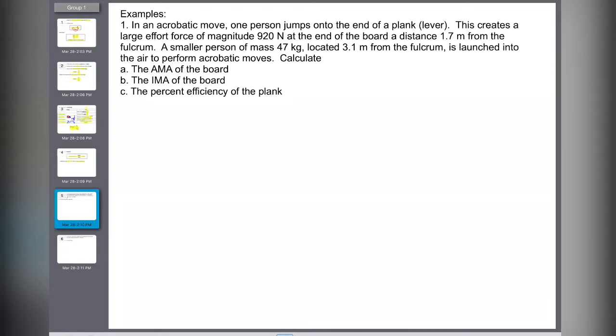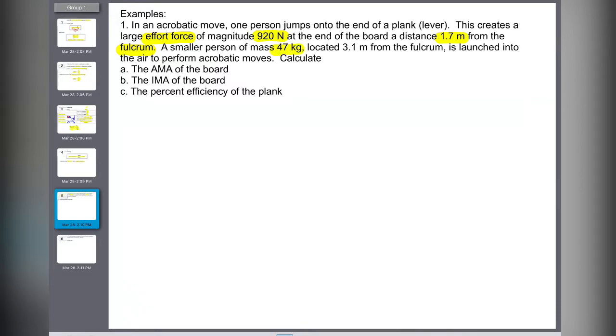In an acrobatic move, a person jumps onto the end of a plank, a lever. It creates a large effort force of magnitude 920 newtons at the end of the board, at a distance of 1.7 meters from the fulcrum. Okay, so we have an effort force of 920 at the end when it is 1.7 from the fulcrum.